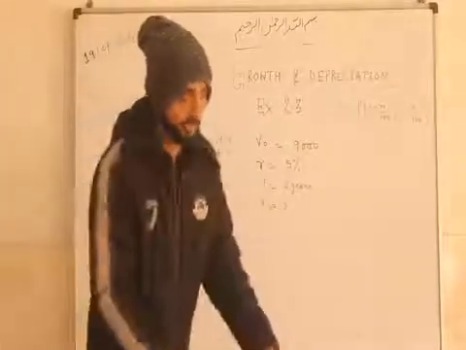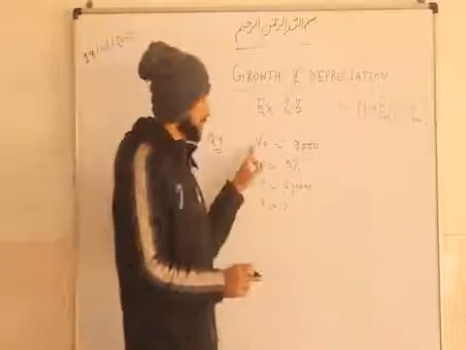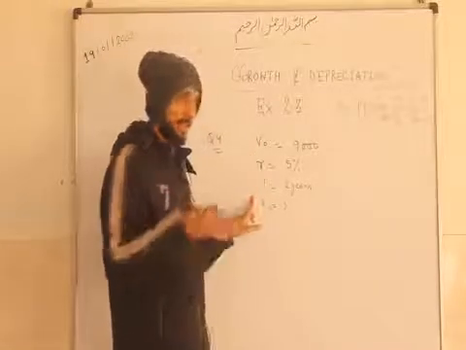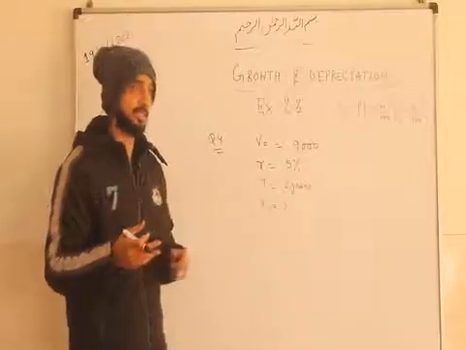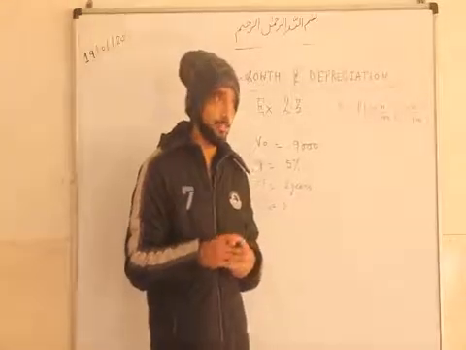Here, don't confuse V naught and V. V naught you just consider the present value. V is the value after the time period. Either they are asking for growth, or they are asking for depreciation.